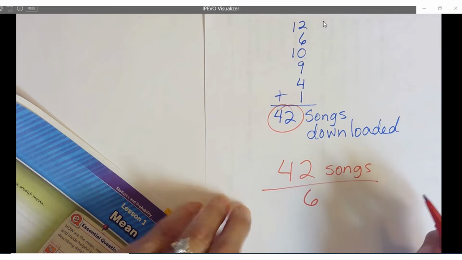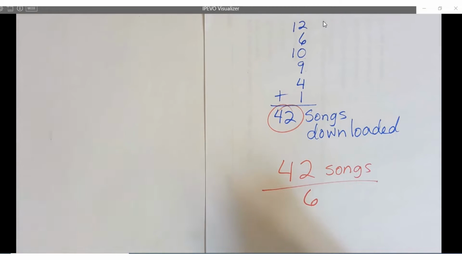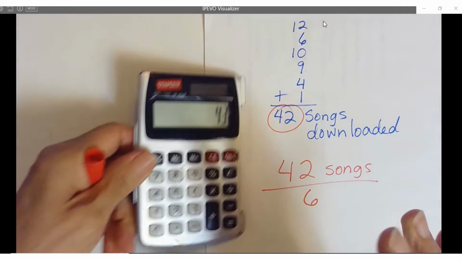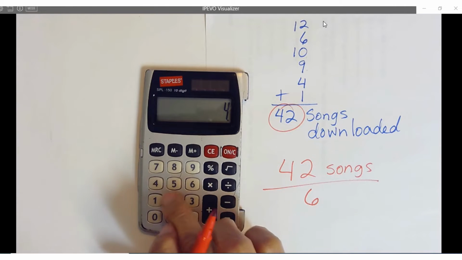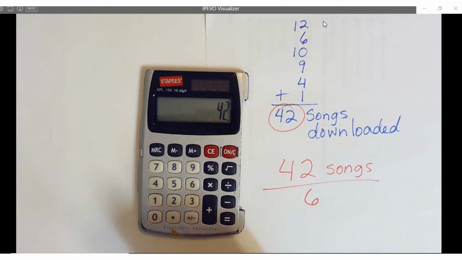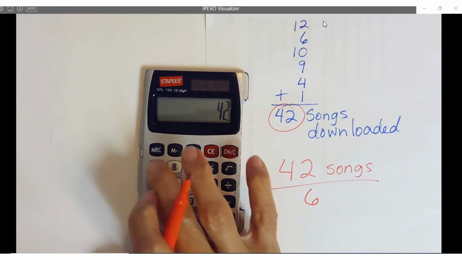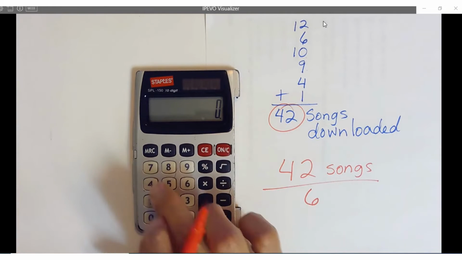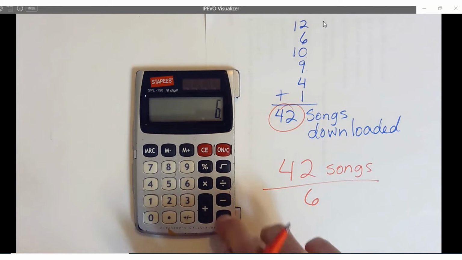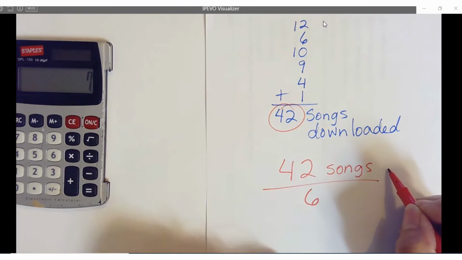And if you know your multiplication, you know that 42 divided by 6 is 7. 42 divided by 6 equals 7.